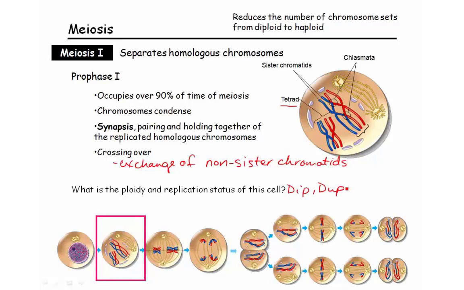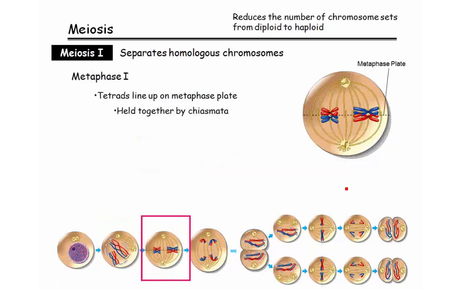If we're trying to recognize a cell in prophase 1, we will be looking for chromosomes that we can see, and then we also want to see those tetrad structures formed. Not only do we want to see the tetrads, but we want to see them scattered about inside the cell. Once that is accomplished, we're going to move into a metaphase. And this is metaphase 1, in which case we will be lining things up on the equator of the cell.